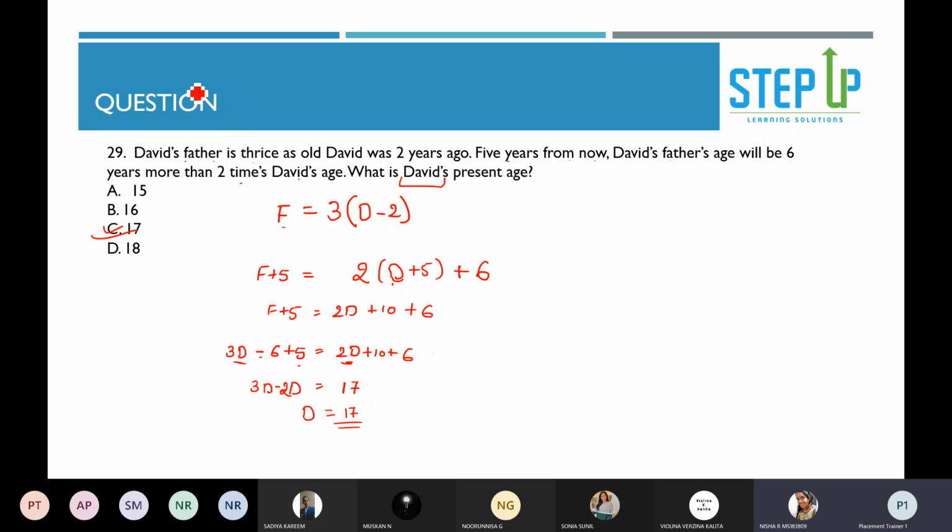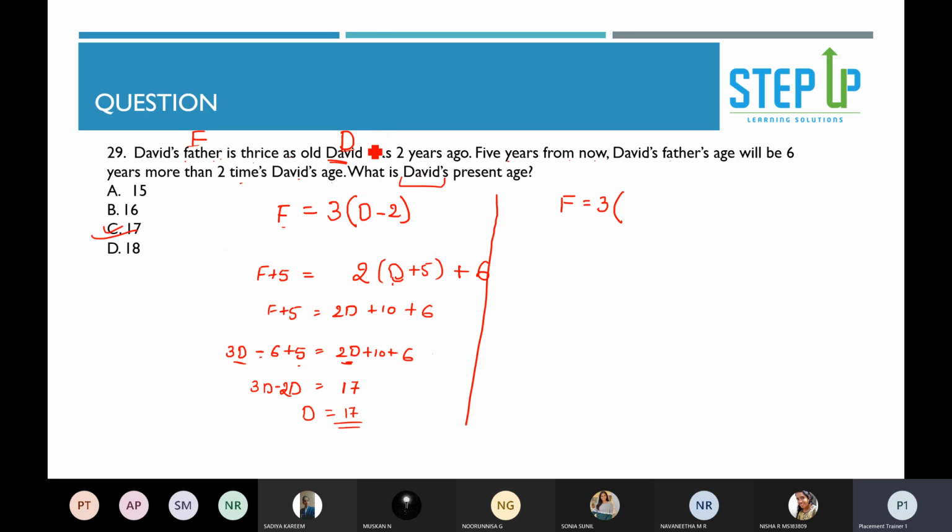So I'll explain the entire question again. I'll assume that David's father is F right now and David is D. So the present age of David is D. Present age of father is F. David's father is thrice as old as David was 2 years ago.